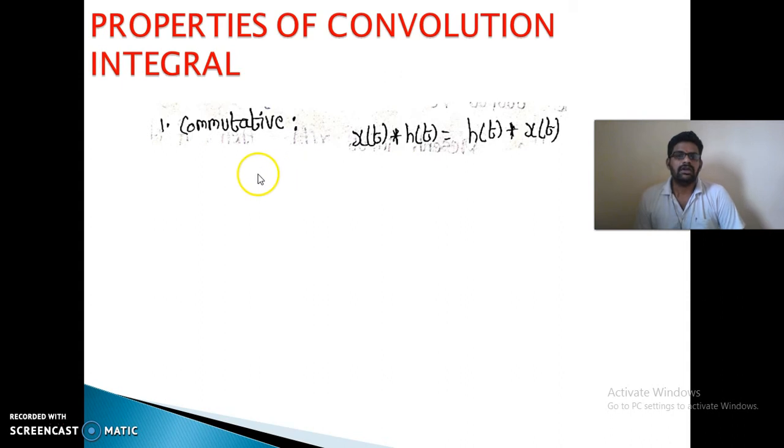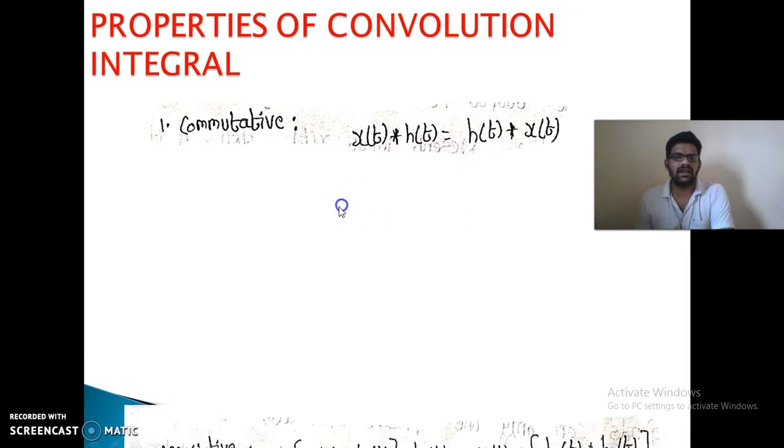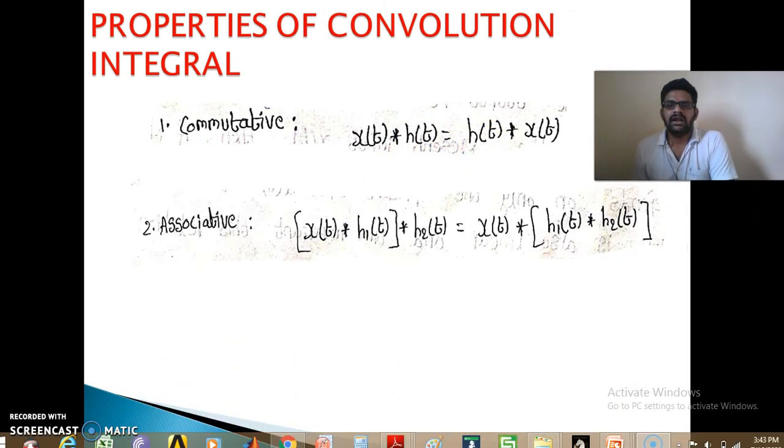For example, the convolution sum satisfies the commutative property, that is x of t convolved with h of t is equal to h of t convolved with x of t. Second, it satisfies the associative property: if there are multiple systems, a convolved with b convolved with c is equal to a convolved with b convolved with c.